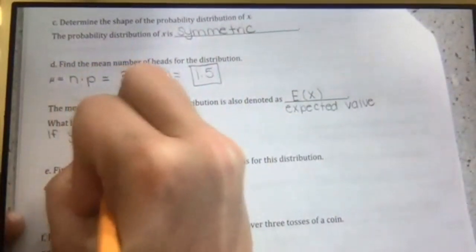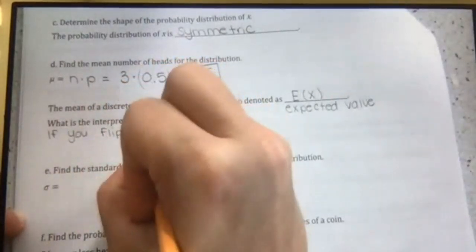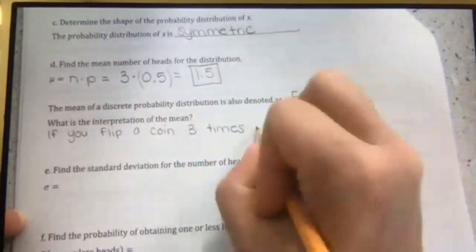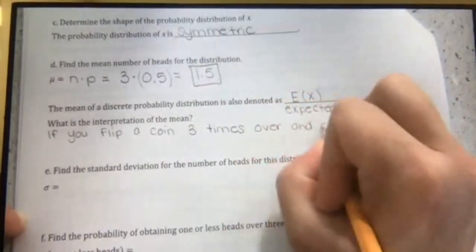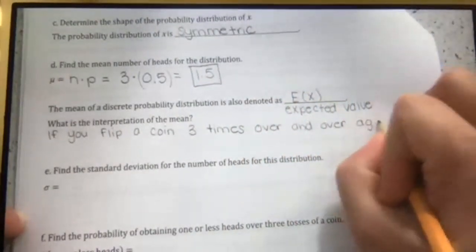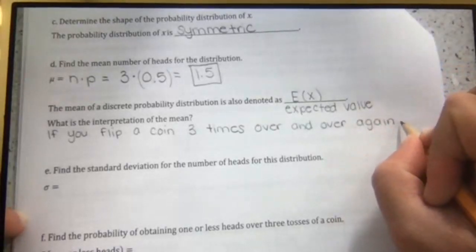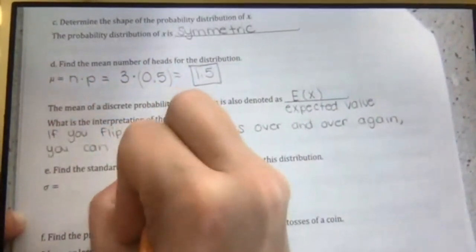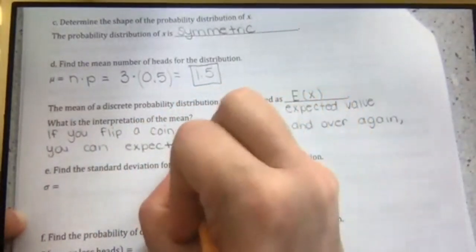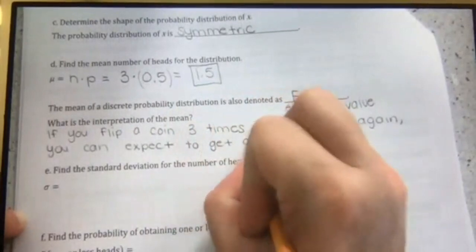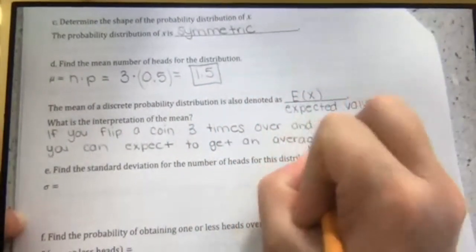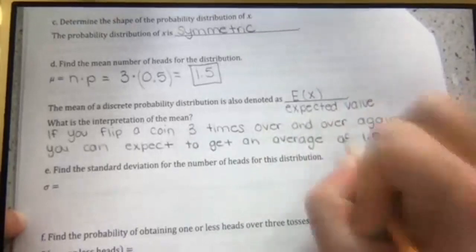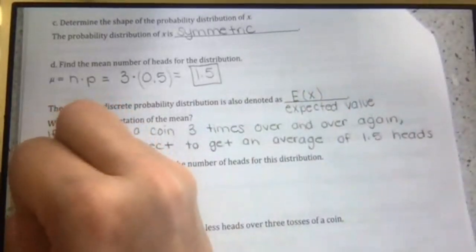So if you flip a coin 3 times over and over again, because that was our experiment, flipping it 3 times, you can expect to get an average of 1.5 heads for every 3 flips.